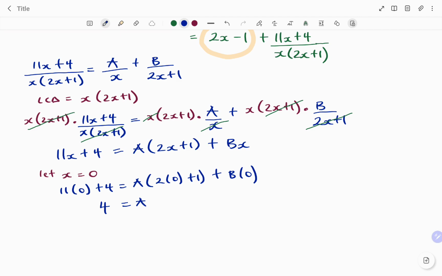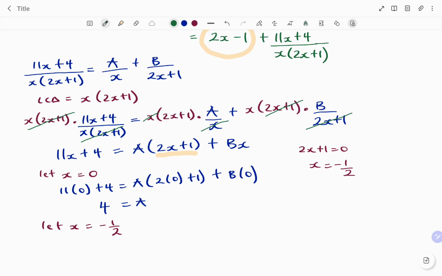To find B, I'm going to make the content of the bracket, the factor multiplying my A, to be 0. So I have that as 2x + 1 equals 0. Therefore, x will be minus 1 over 2. So my next step is to say let x equal negative 1 over 2.